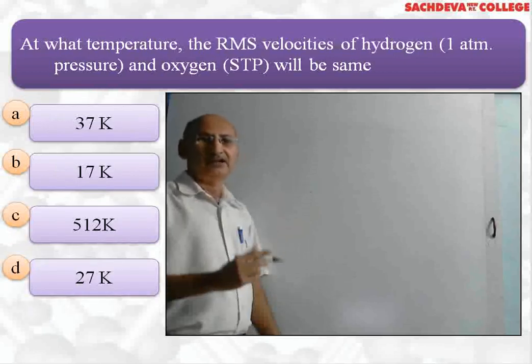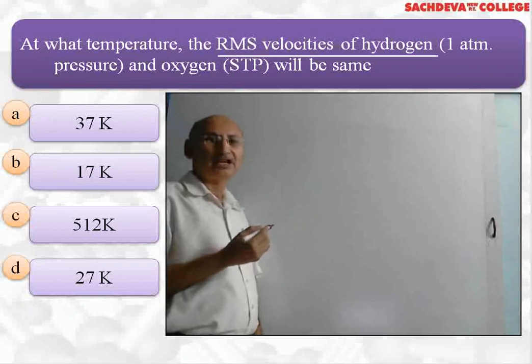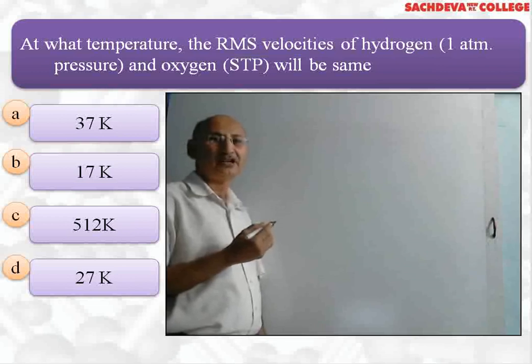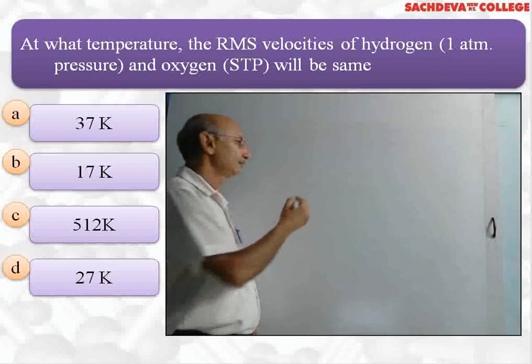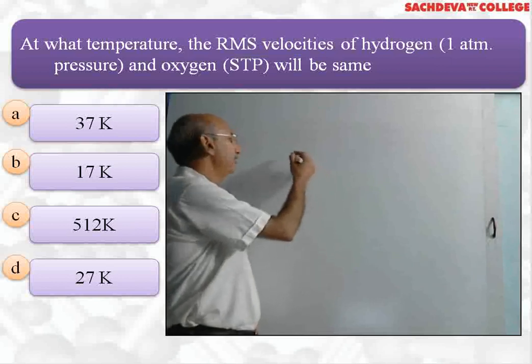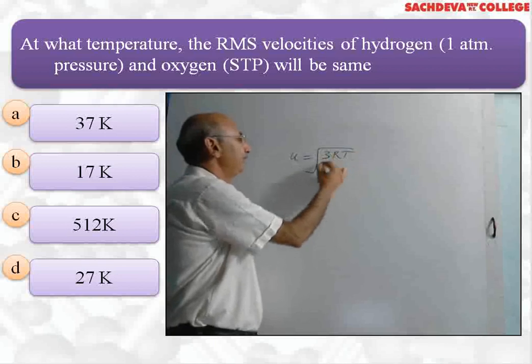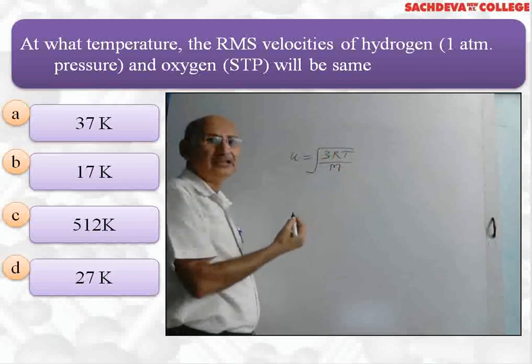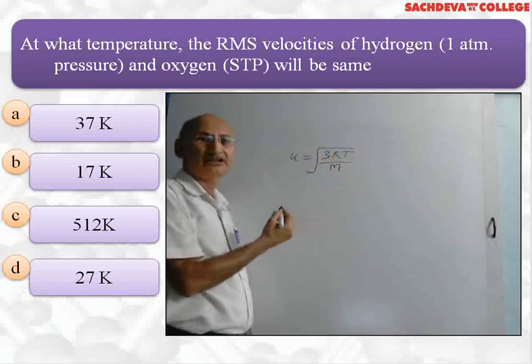Next question, at what temperature will the RMS velocity, that is root mean square velocity, of hydrogen at 1 atmospheric pressure and oxygen at STP be the same? The root mean square velocity u is equal to square root of 3RT by M. Now in the question it is given that at what temperature the RMS velocities of hydrogen and oxygen are equal.